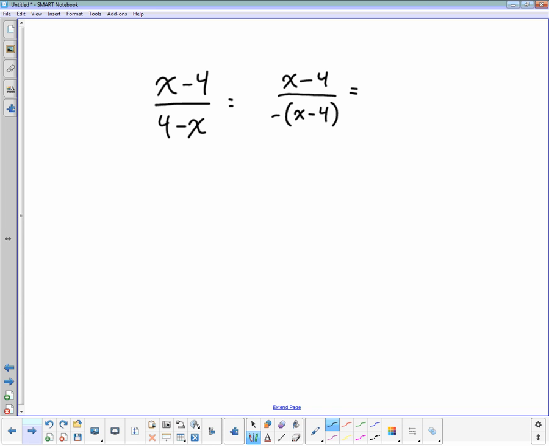And now things cancel. So be aware of this and keep it in your toolbox, because I use this a lot. I mean, not in the making of work for you, but in the solving of problems from time to time. You need to just turn something around. Turning it around is effectively putting a -1 out in front.